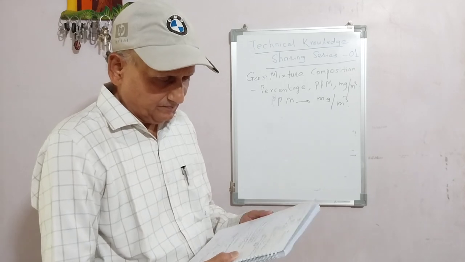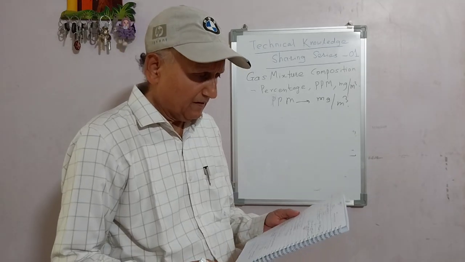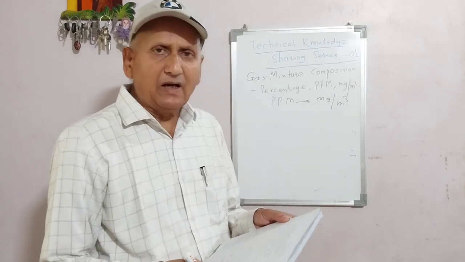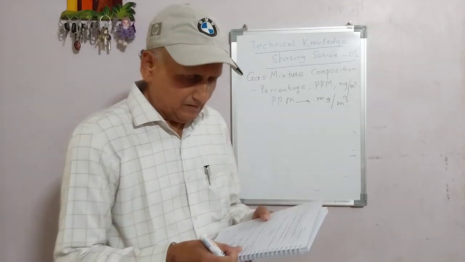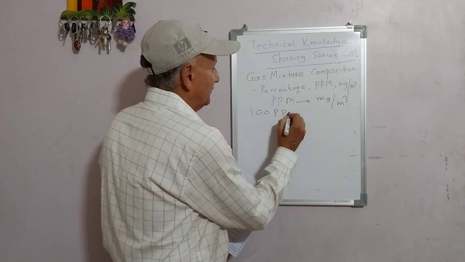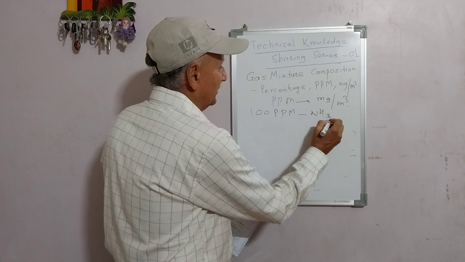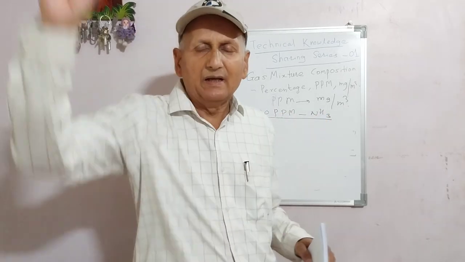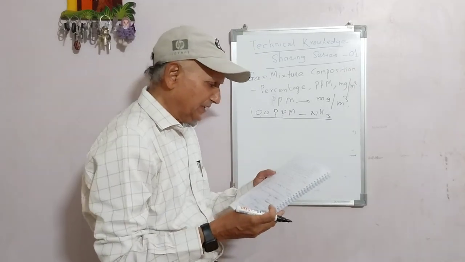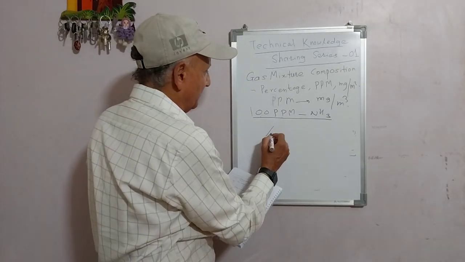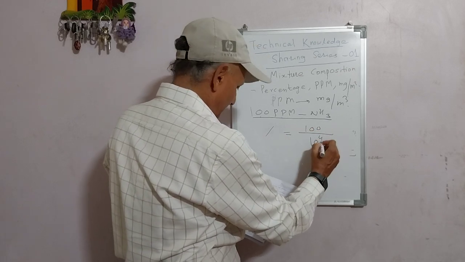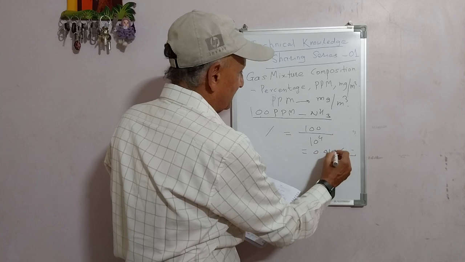Suppose 100 ppm is given for ammonia, and we have to convert it to the equivalent percentage and the equivalent milligram per nm cube. So the percentage of ammonia in the gas will be 100 divided by 10⁴, that means equal to 0.01 percent.